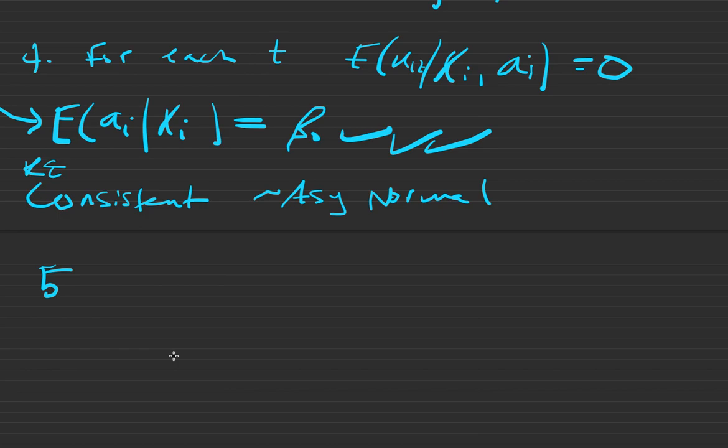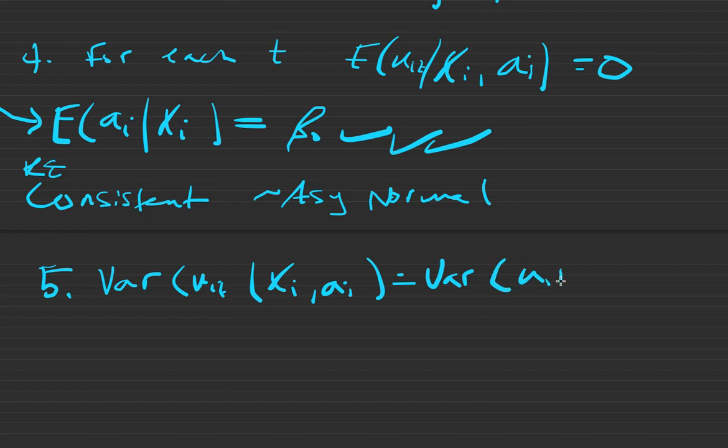Now, the 5th assumption, the conditional variance of u_it given x_i, a_i is equal to the unconditional variance of u_it, which is equal to sigma squared u for all t.